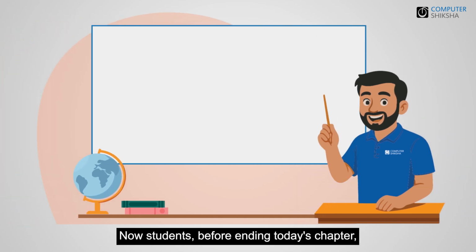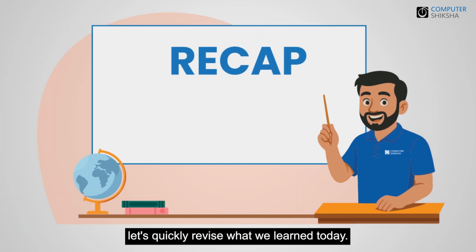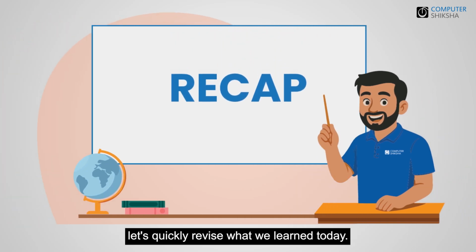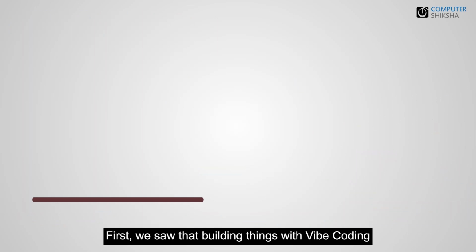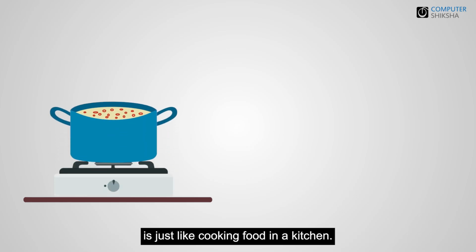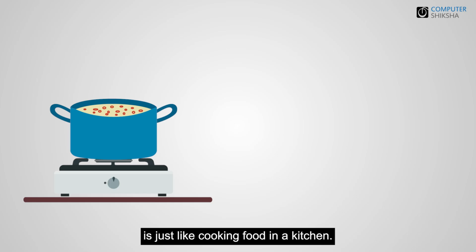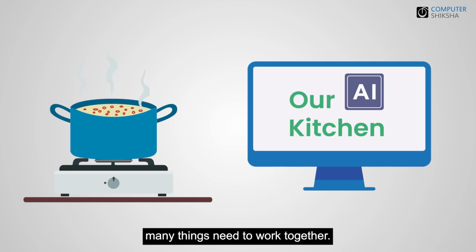Now students, before ending today's chapter, let's quickly revise what we learned today. First, we saw that building things with vibe coding is just like cooking food in a kitchen. In our AI kitchen, many things need to work together.